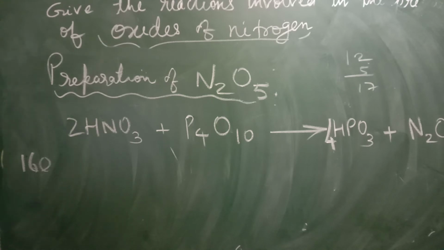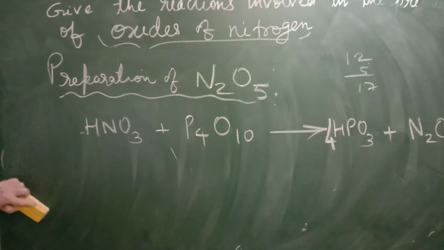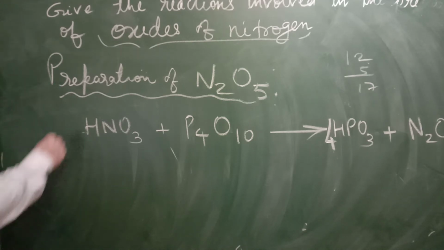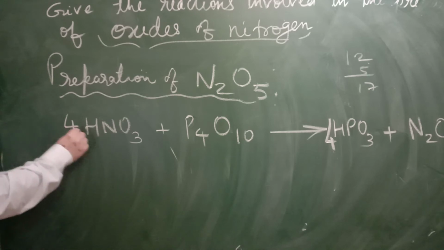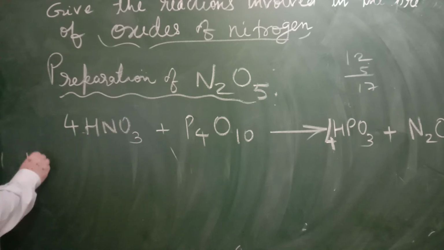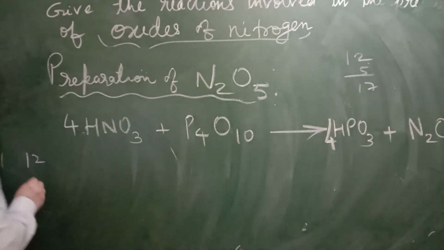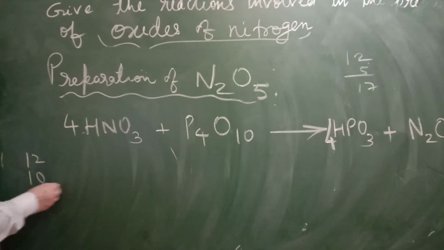So to make it balanced, let us try to multiply both sides by 2 and see, or we can take it as 4 at first. 4, now 12 oxygen atoms plus 10 oxygen atoms will be equal to 22 oxygen atoms.